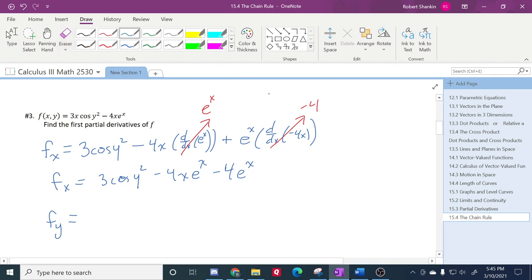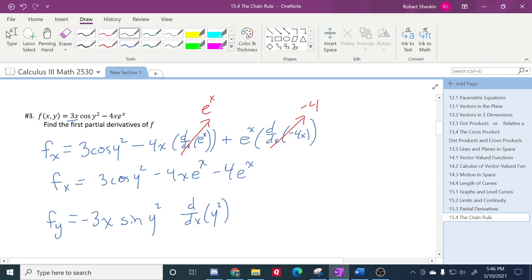Alright, so the fy, this is constant, and so I'm just going to repeat that constant. The derivative of cosine of something is negative sine of that something, and then I have to chain on the derivative of the inside.